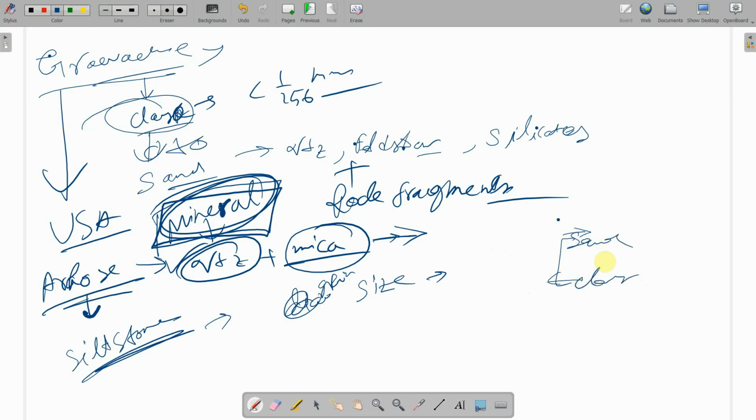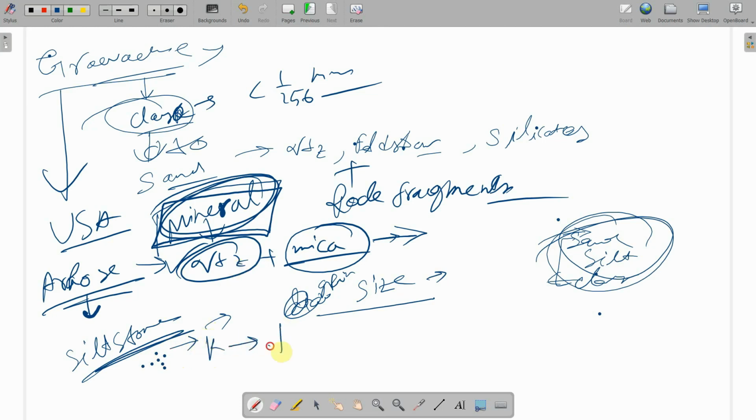So remember it as sand, silt, clay, that is the order. So siltstone has a grain size less than sand, and the fine particles comparatively have too low primary permeability. So as the particle grain size decreases, what will be decreasing? Permeability will be decreasing. Yes.